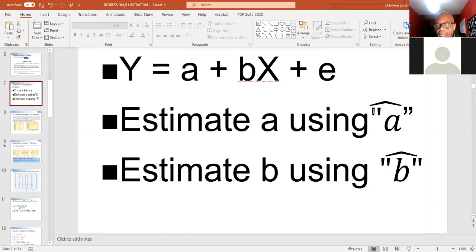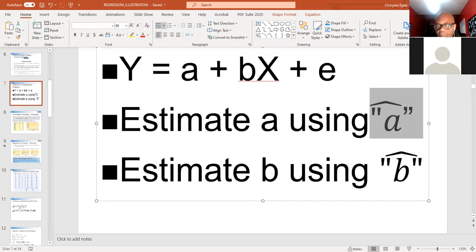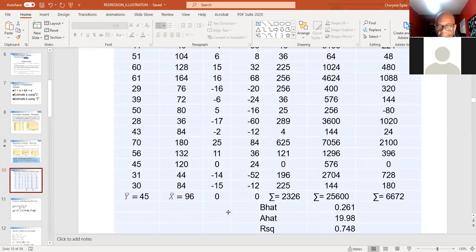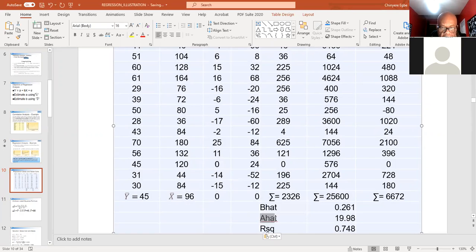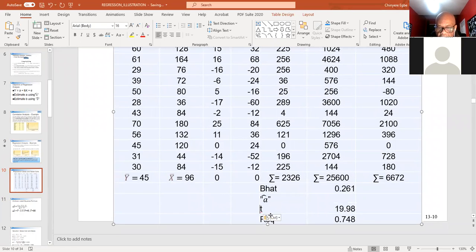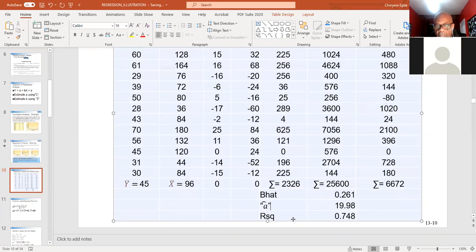This is called A hat. This is A hat. This is B hat.